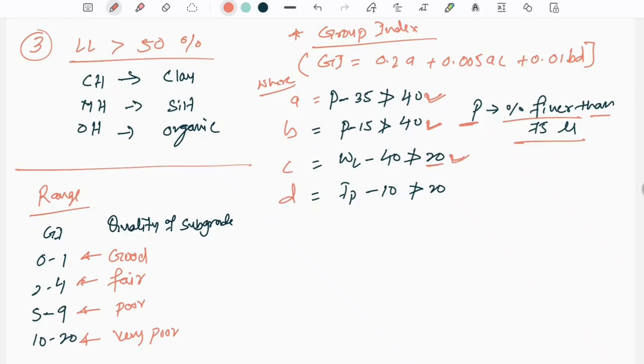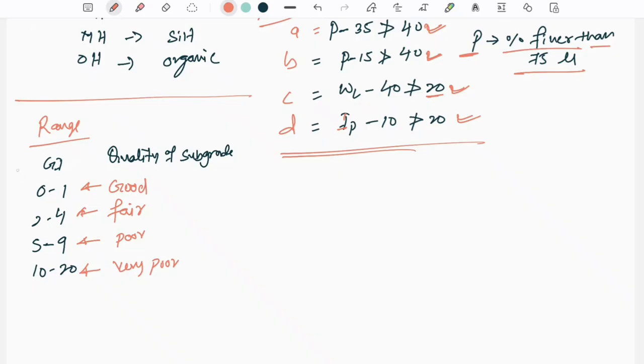And D is the plasticity index minus 10, which is also not greater than 20. So these are the ranges of A, B, C, D. From these values we can find A, B, C, D and put them in this formula, and we will get the group index value.